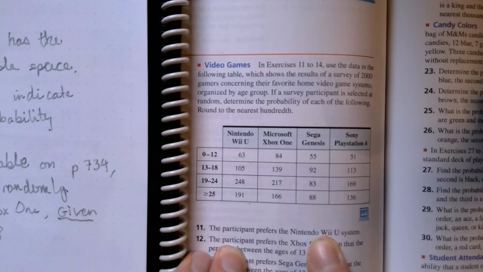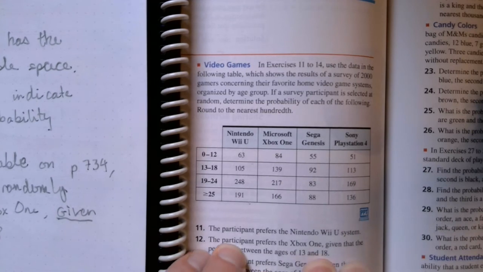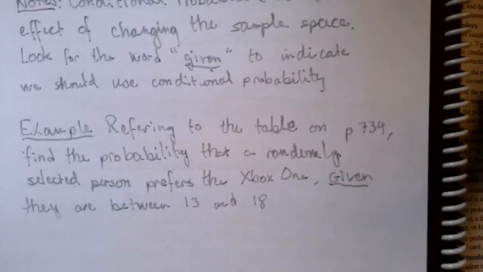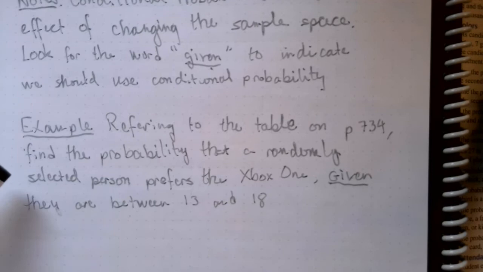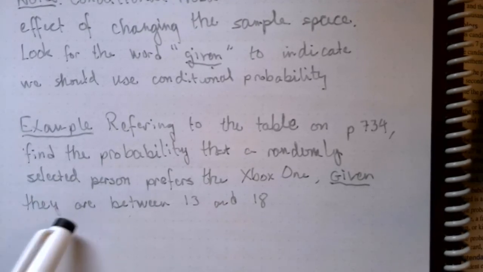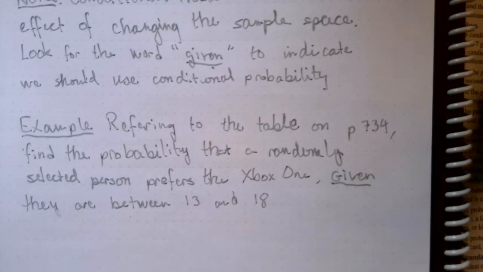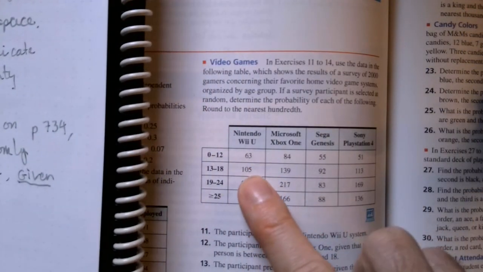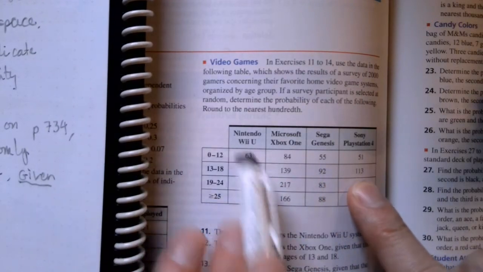Now ordinarily, to find the size of my sample space I would have to add up every single entry in this table. However, in the problem we're looking at, we want to know the probability that a person prefers the Xbox One given they are between 13 and 18. So we're looking at this row exclusively.